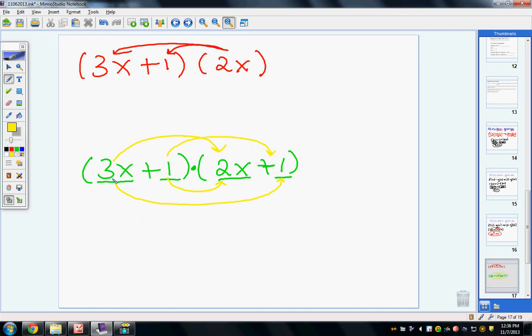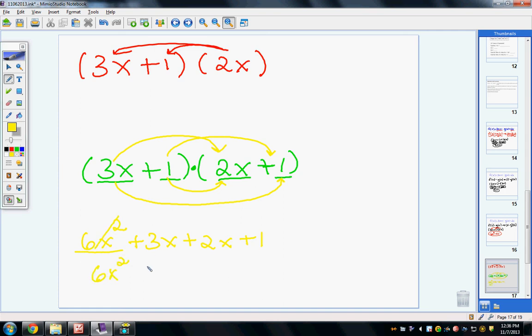When you multiply the first terms together, 3x times 2x, you get 6x squared. When I multiply my outer terms, 3x times 1, I get 3x. When I multiply my inner terms together, 1 times 2x, I get 2x. And when I multiply my last terms together, 1 times 1 is simply 1. So now I'm going to combine like terms. 6x squared doesn't have anything to combine with.